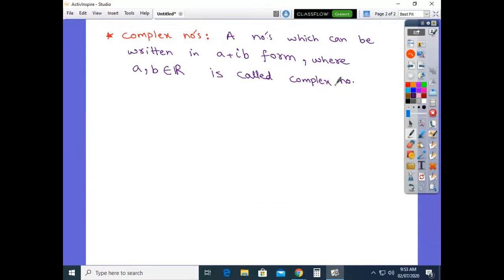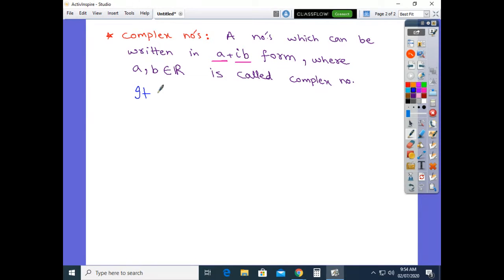One part is a real part and the other part is an imaginary part. The part which contains I, here we read I as iota. Iota is a Greek word. Such a type of number is called a complex number.